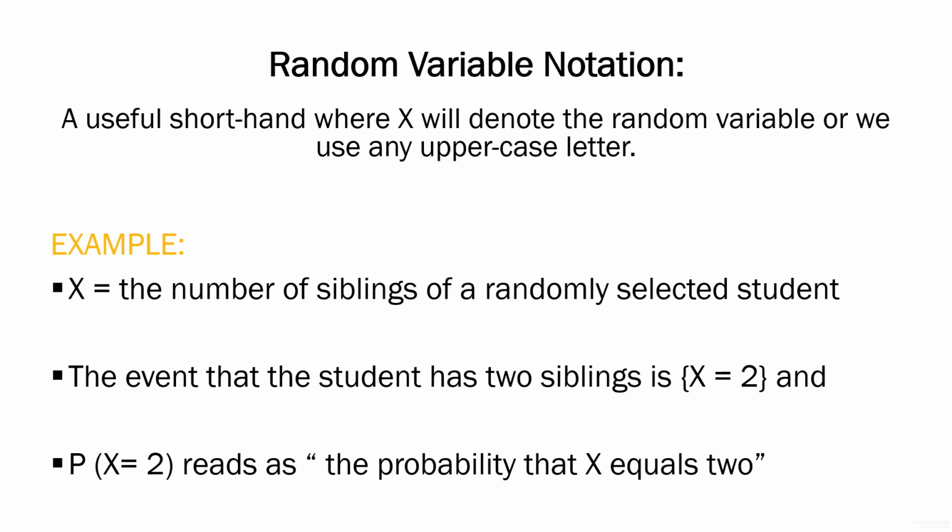Then we can represent the event that the selected student has two siblings by x equals 2. You can read that as x equals 2, even though it is in these parentheses. And finally, we've got P(x equals 2), which we read as the probability that x equals 2. Again, this is just a nice little shorthand that we can use for discussing and analyzing our random variables.